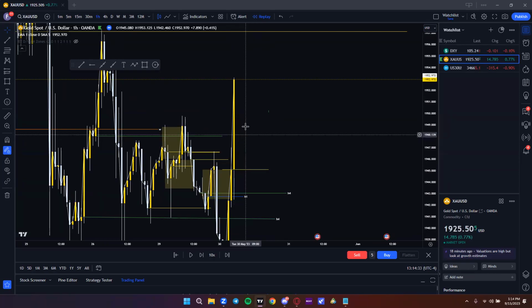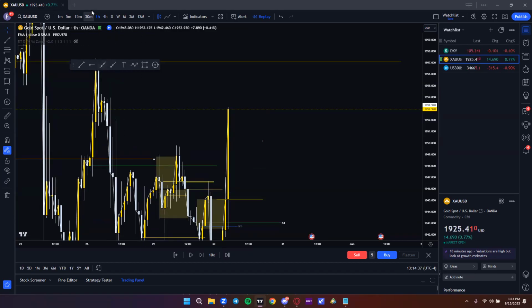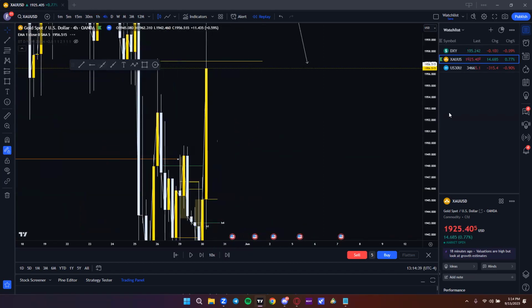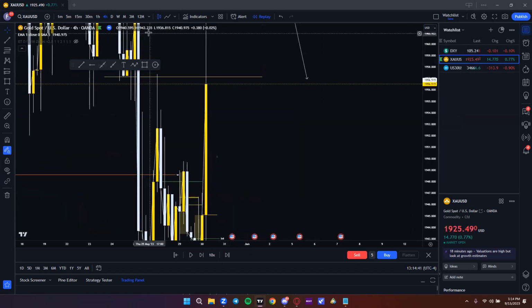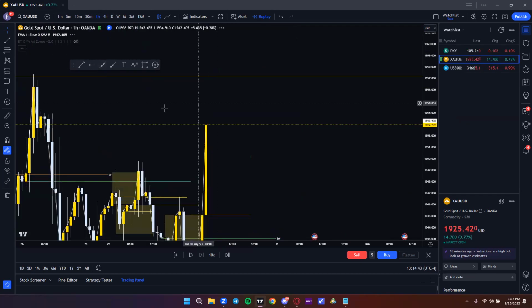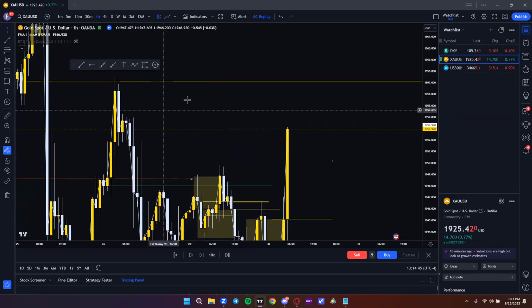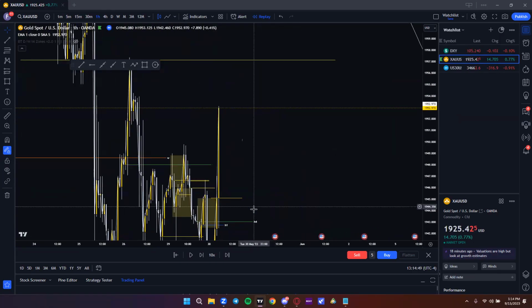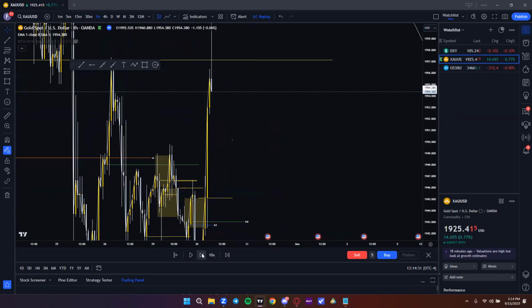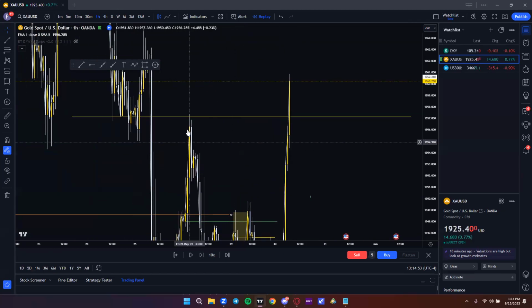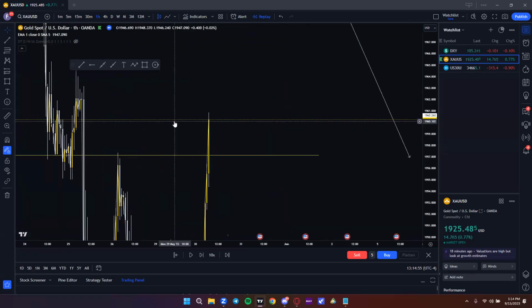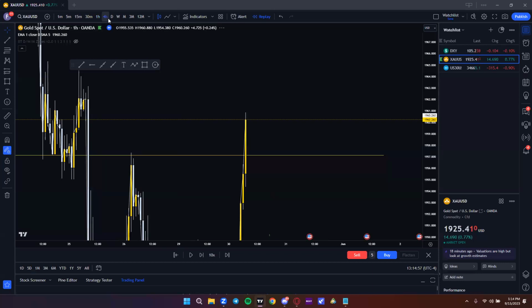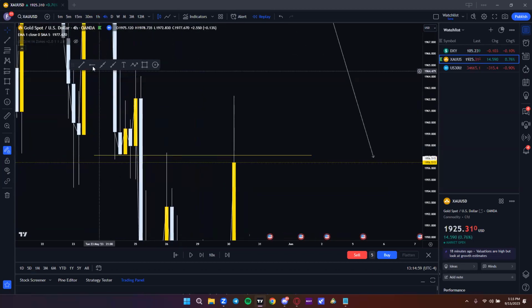New York is right here. This is our daily level that we want to see getting tested. Let's see if that happens. It does happen. This is our H4 level here.